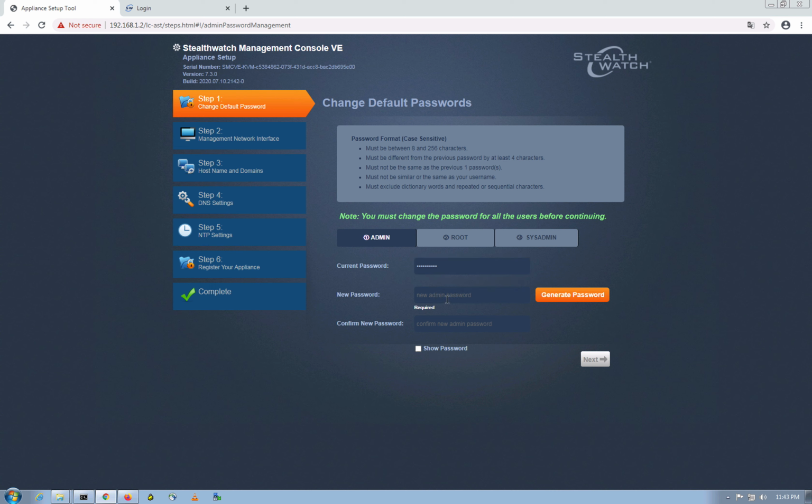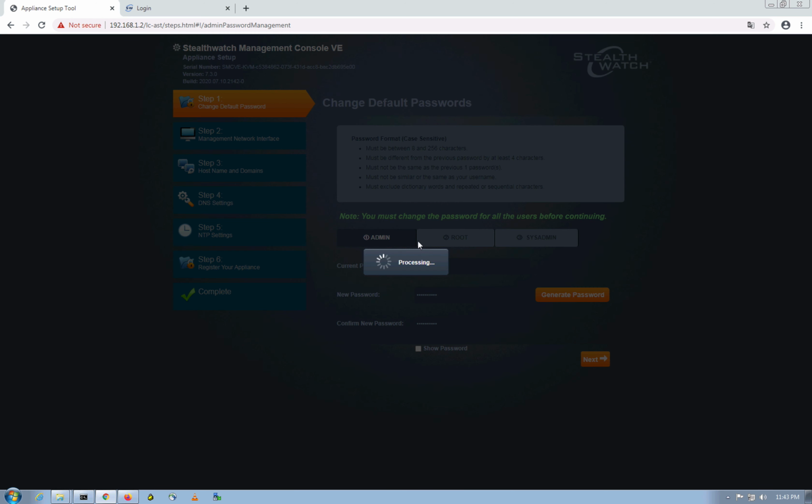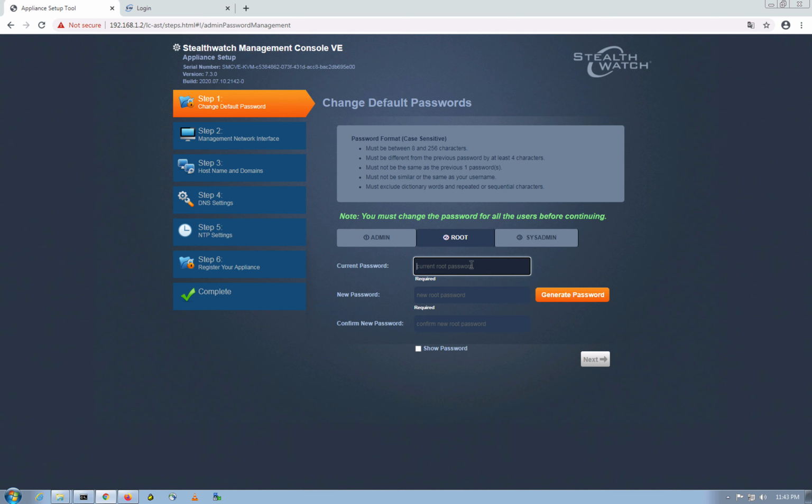That's the current password. I'm going to change this to something which I can remember. I'm going to say next. For root we need to change as well, but root is the same as what we have for sysadmin, LAN 411 COP, and I'm going to change the password to something different.